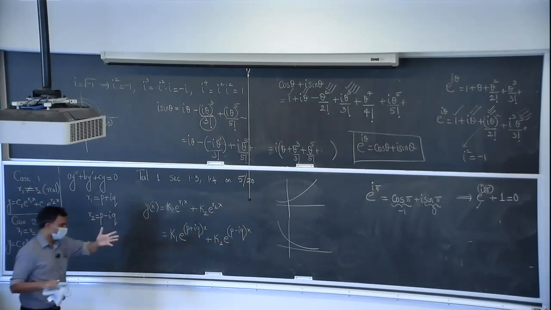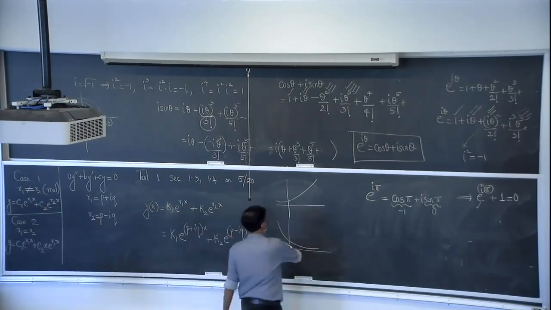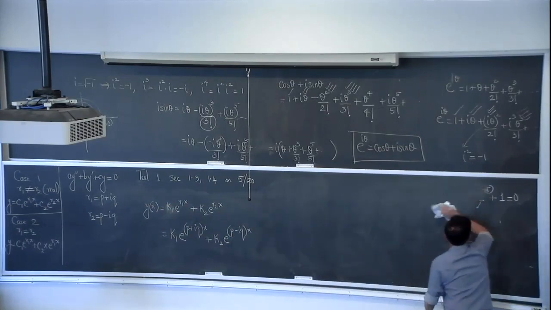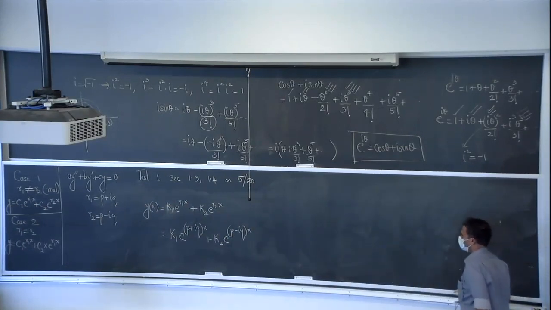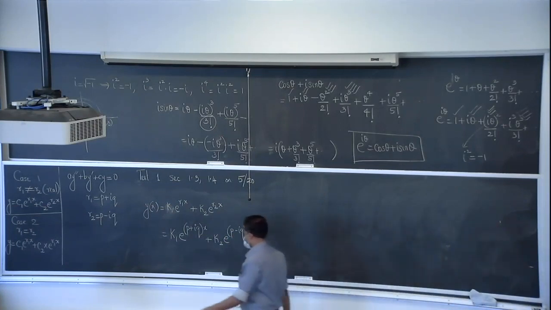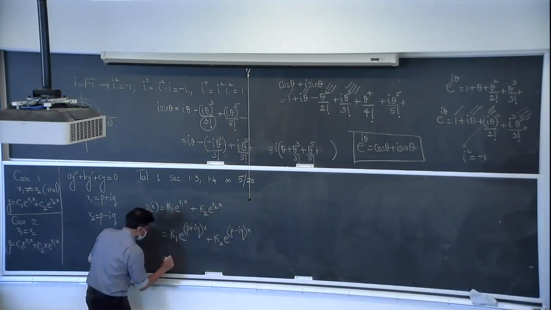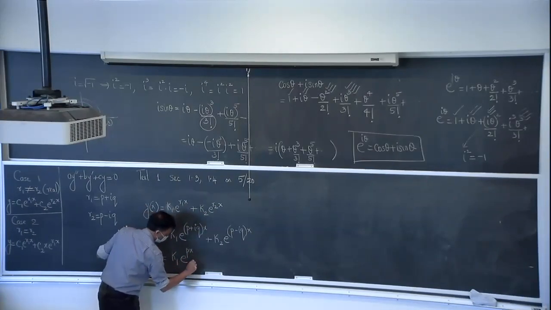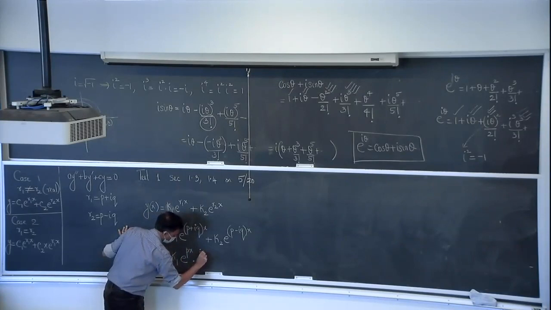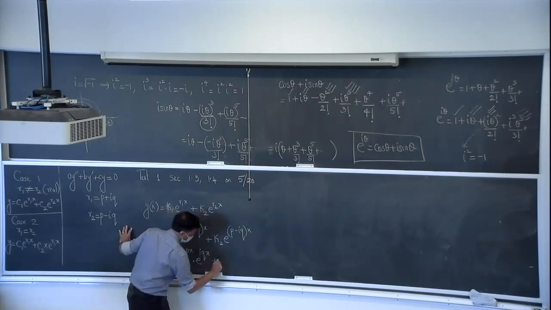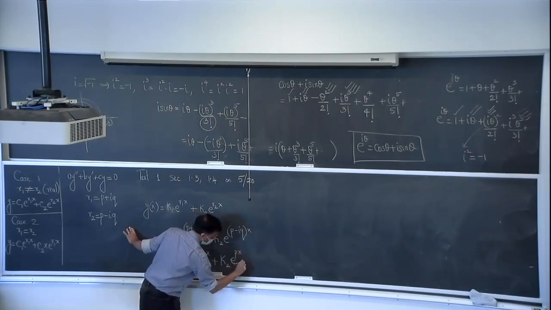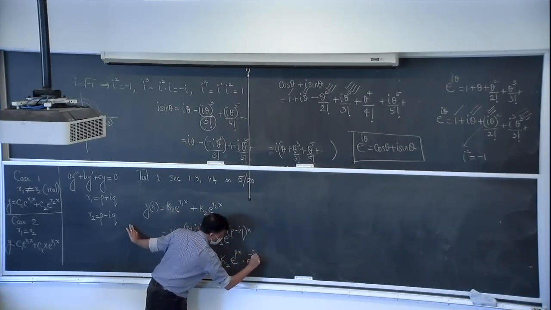I could have just written the answer, but that's not how things should be done in mathematics. Let's use a very simple law of exponents here. This is going to be k1 e to the power of px times e to the power of iqx plus k2 times e to the power of px times e to the power of negative iqx.